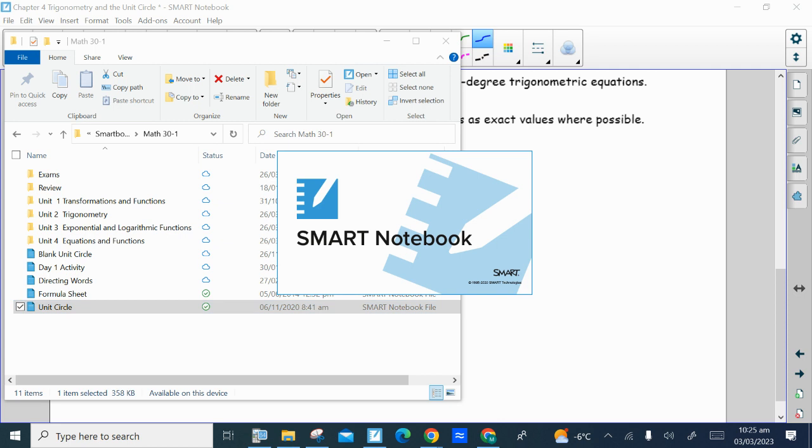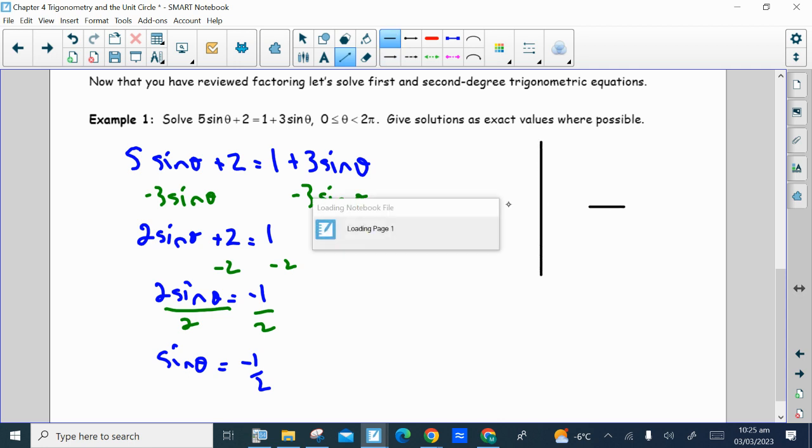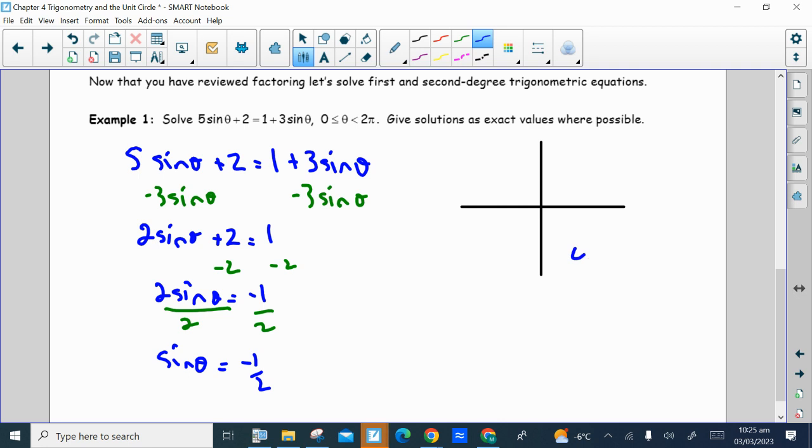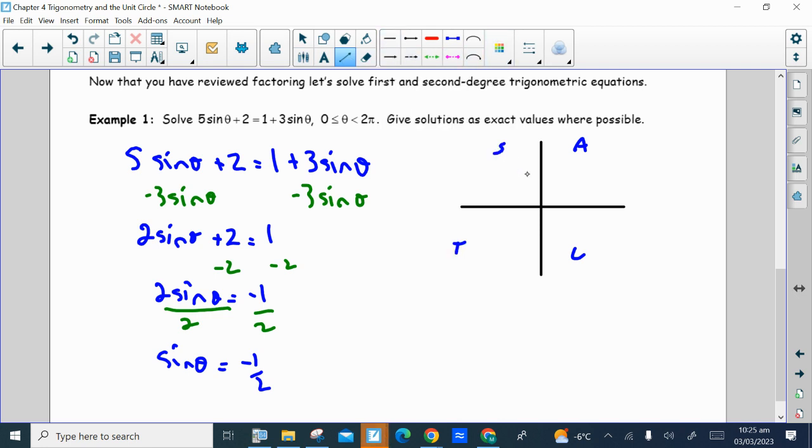And we want to see where the sine of theta equals negative 1/2. So we can start by putting our cast rule in there. And that'll tell us which quadrant or quadrants we're in. We want to know where the sine of theta is negative. And that is in quadrant 3 or 4.